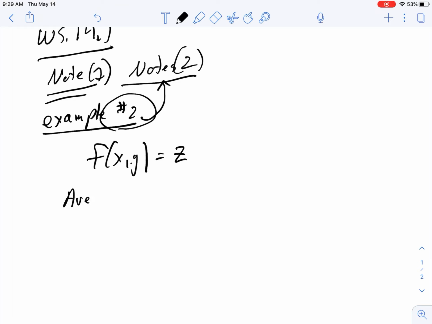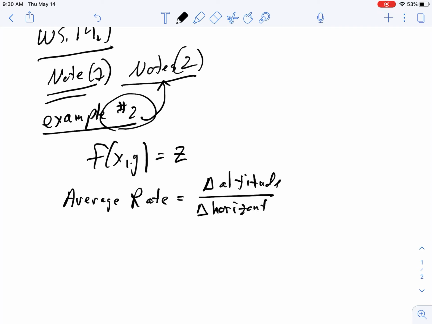If I look at example 2 again and ask you to find an average rate of change if you're climbing, let's say, Saddle Rock, you look at that on a map. You basically look at the change of your altitude divided by the change of your horizontal distance.